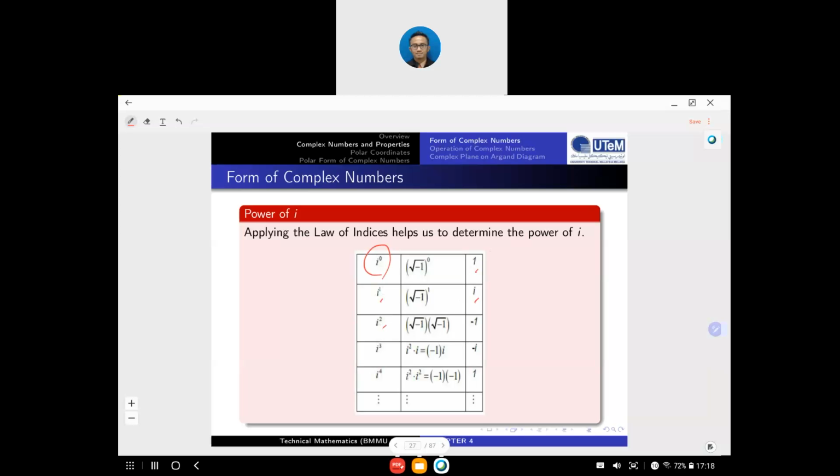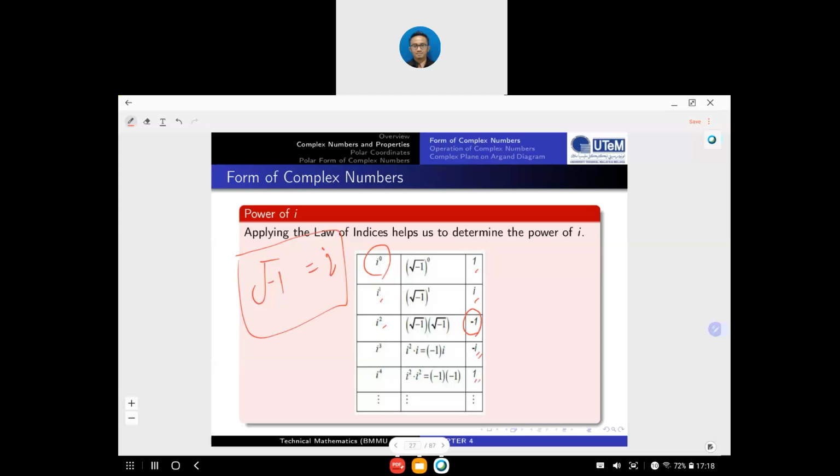This form is known as the Cartesian complex number or algebraic form, and it can also be represented as rectangular form. If you want a complex number in rectangular form, it looks like this, a plus bi. Because somehow, complex numbers can also be represented by polar form or exponential form.